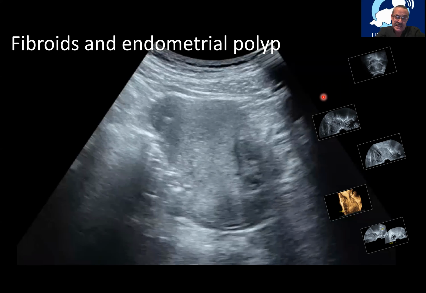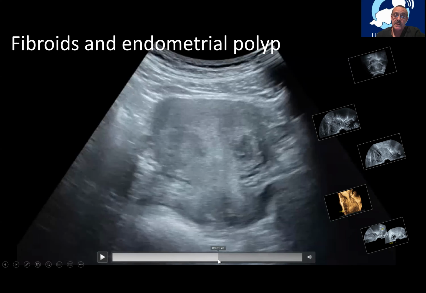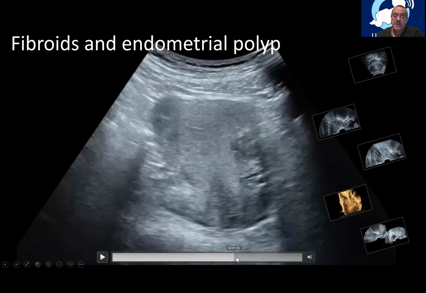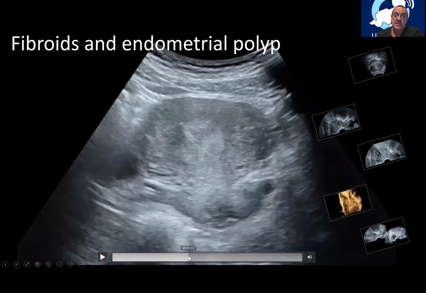This was really fast, but let's see. This is the endometrium. Those are the fibroids. And let's search for the polyp on the endometrial lining images.